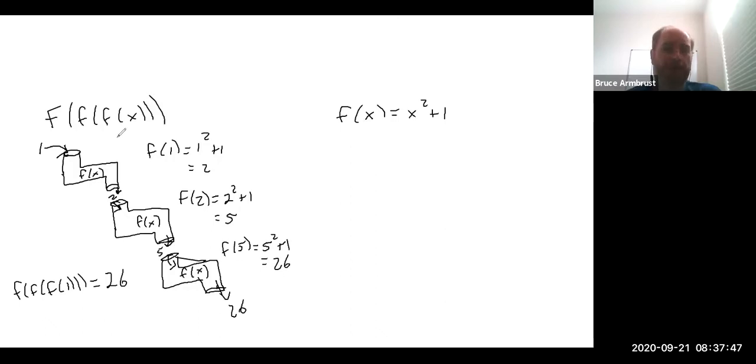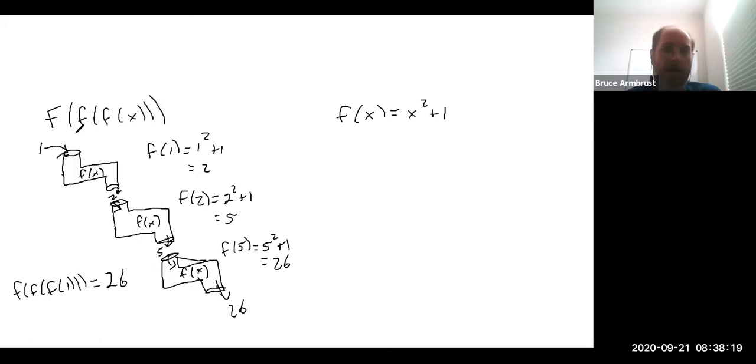Now, often we don't want to plug in a specific number like this 1. We just want to leave it as an x. So it ends up that we do exactly the same thing. It just makes it so that we've got different inputs, which means we end up with different outputs. So let me change my color here. So now let's do f of f of f of x.